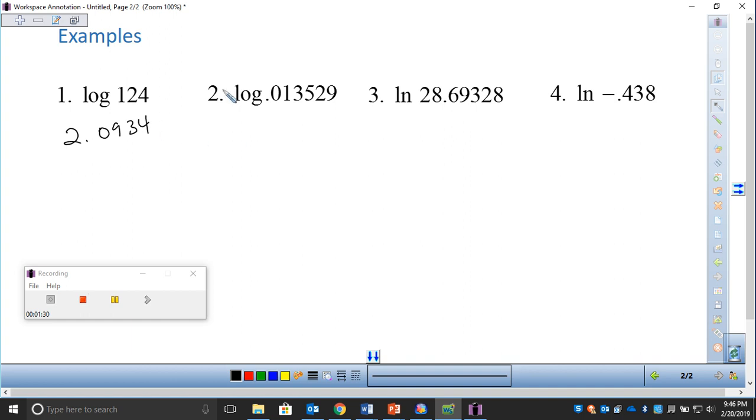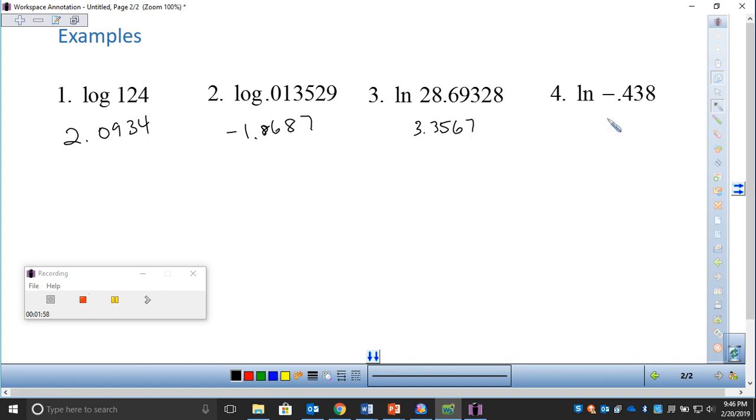The next one, log of 0.013529. And this ends up being negative 1.8687, something along those lines. Here's natural log practice, same type of thing, 28.69328. And that ends up being 3.35.